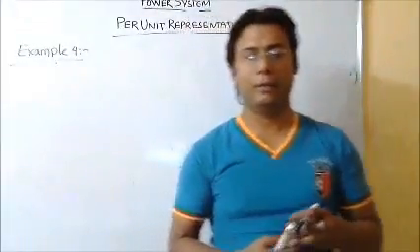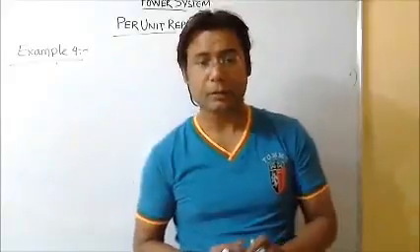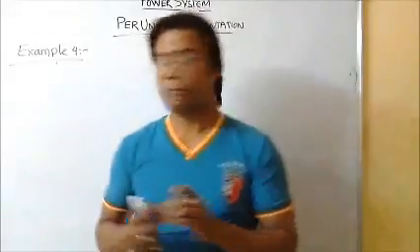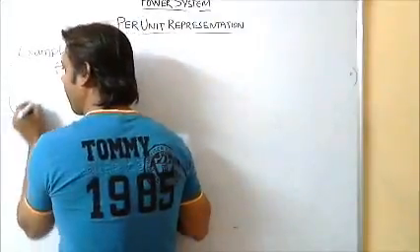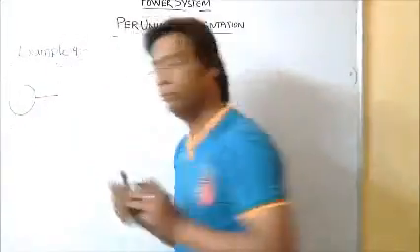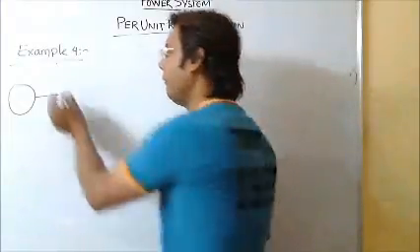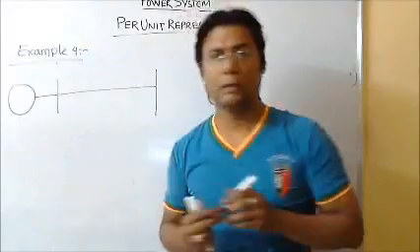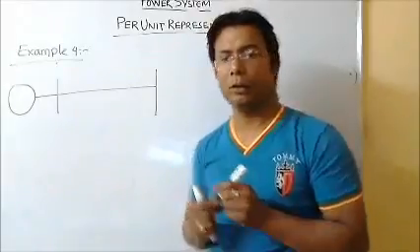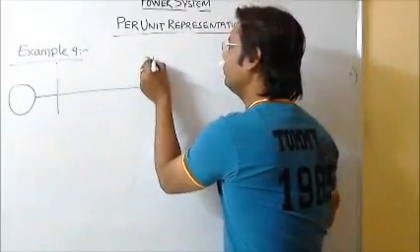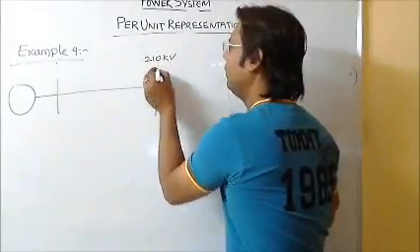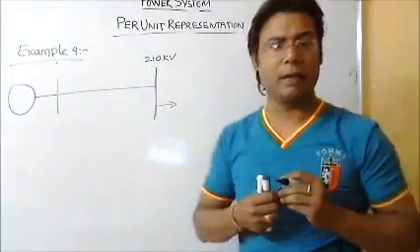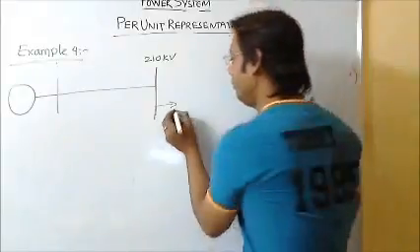You have to find the generated voltage of a generator. Suppose that there is a generator over here. It is connected to a transmission line. The full transmission line is given here, and this is the 210 kilovolt bus, and a load is given as RL of 500 ohm.